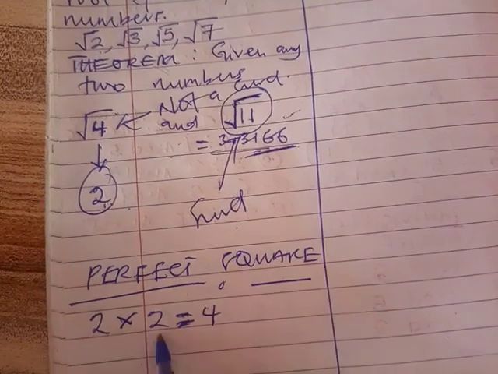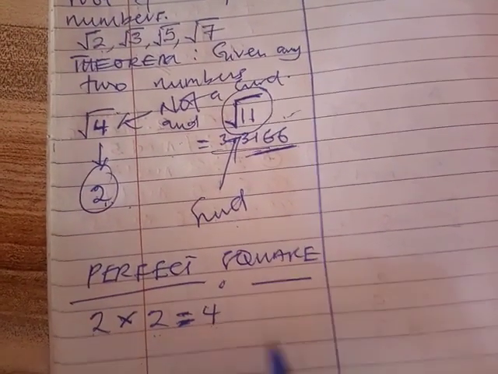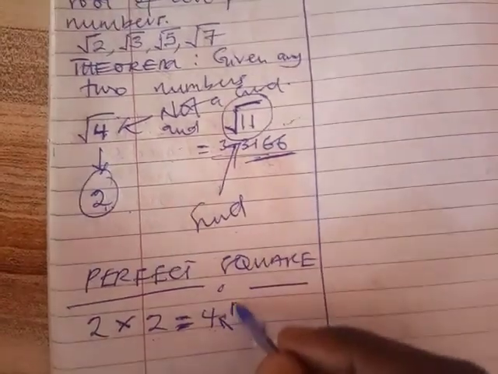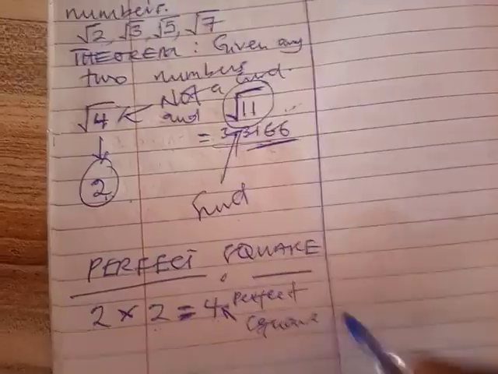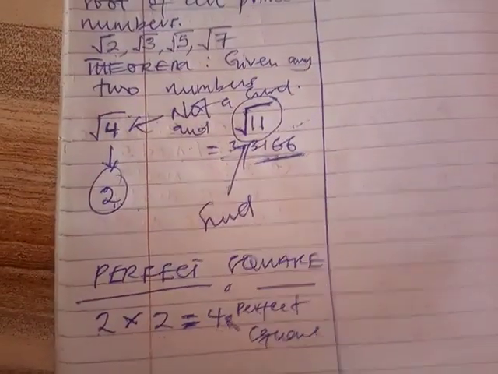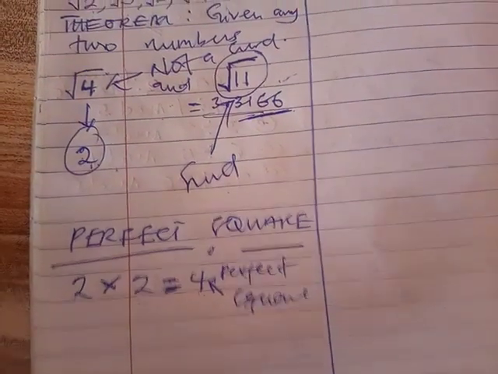Now, because 2 times 2 is giving us 4, because two same integers are giving us 4, we say 4 is a perfect square. So if you have two same integers whereby the result is giving you another number, the result you get becomes a perfect square.